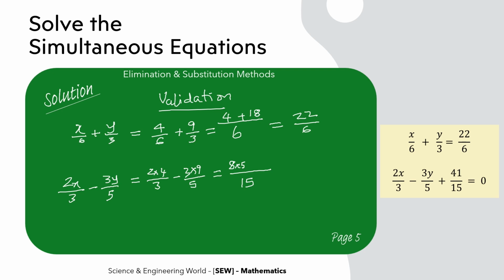Then minus 3 times 9 is 27, times 5 in 15, that's 3.